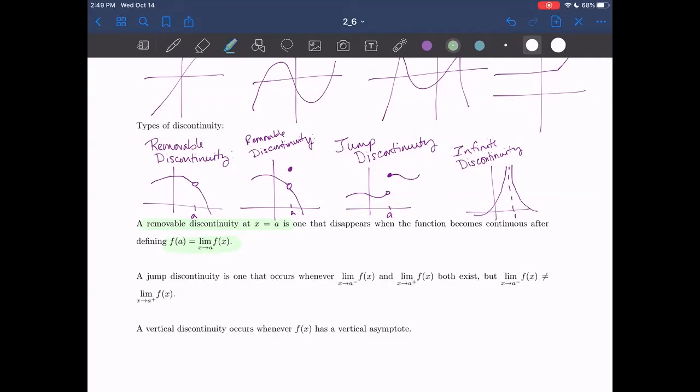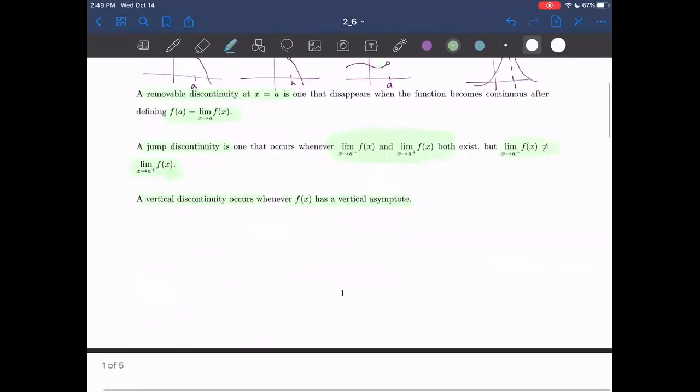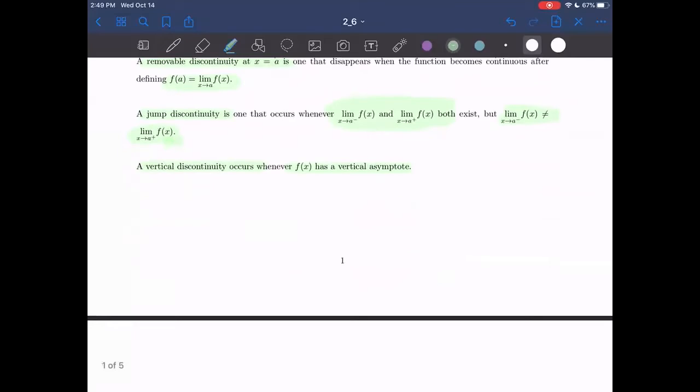The jump discontinuity is one that occurs whenever both of our limits from either side exist, but they don't equal each other, so our graph is approaching two different points. And then a vertical or infinite discontinuity happens when f of x has a vertical asymptote, because the function is not defined at the point where the asymptote is.